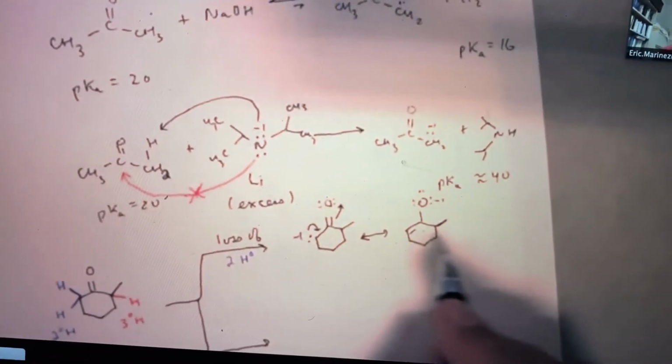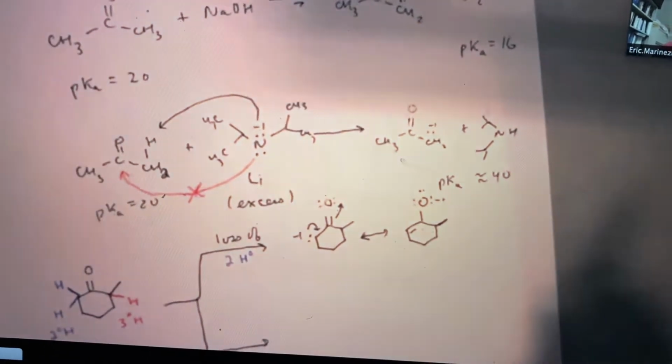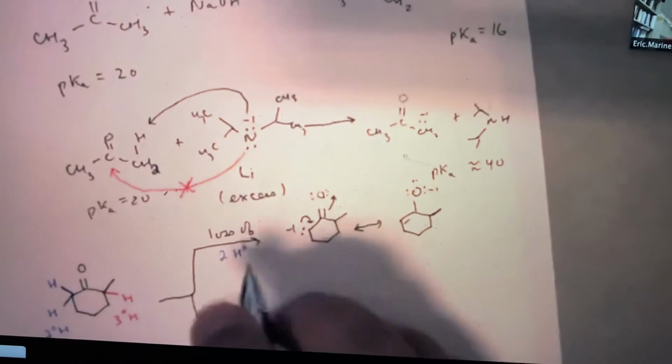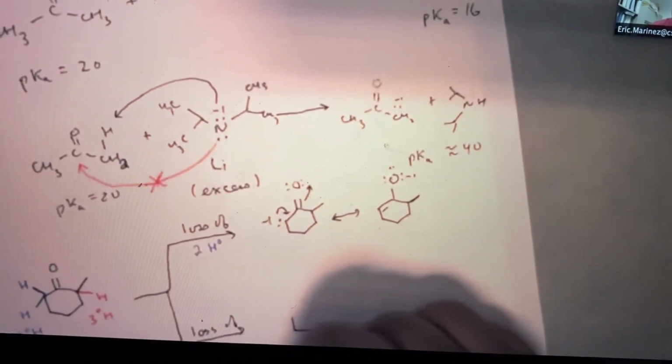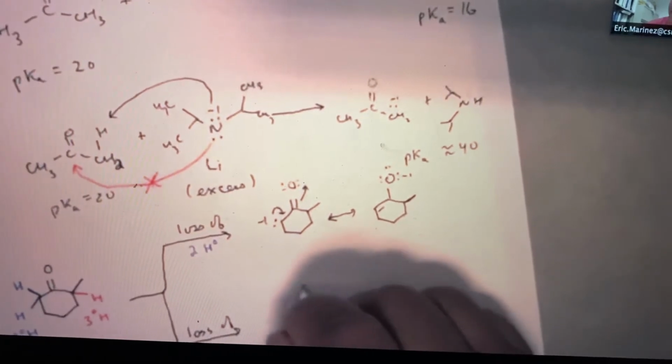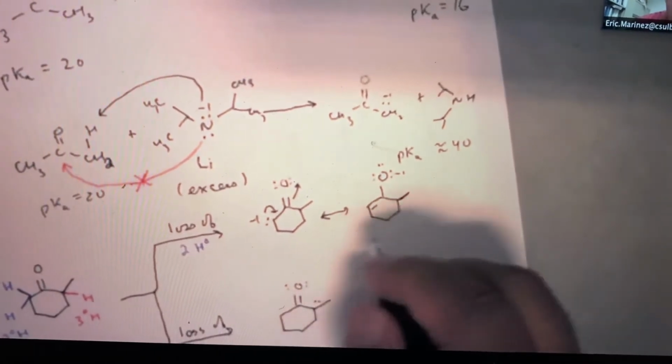So let's now consider, what if we lose the proton? So here I showed the loss of the methylene protons. How about if I lose that methine proton? The loss of the tertiary hydrogen. If I do this now, I get this enolate.